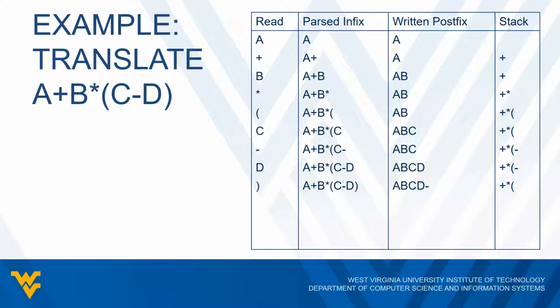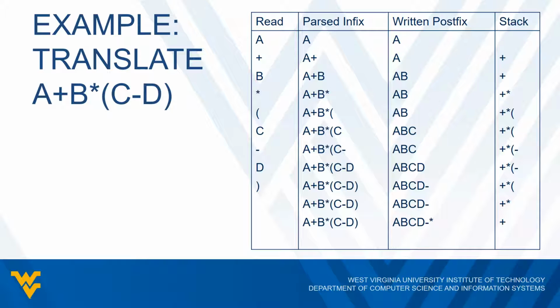We then read the close or right parentheses. So this tells us that we can now evaluate C minus D. So what we do is we pop the minus sign from the stack, and then we write that onto our postfix notation. Since we're done with the part in parentheses, we can pop the parentheses symbol off the stack.